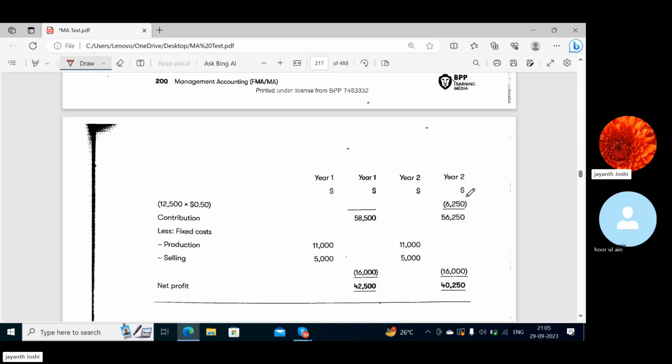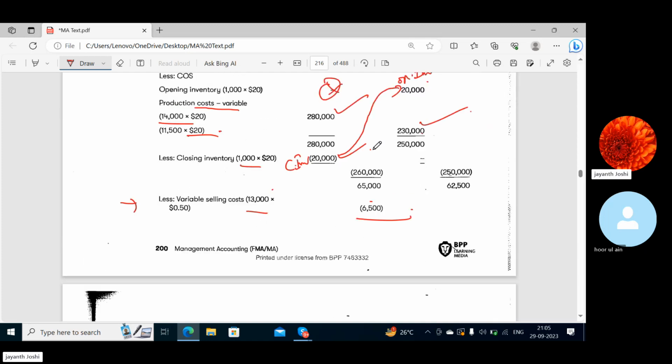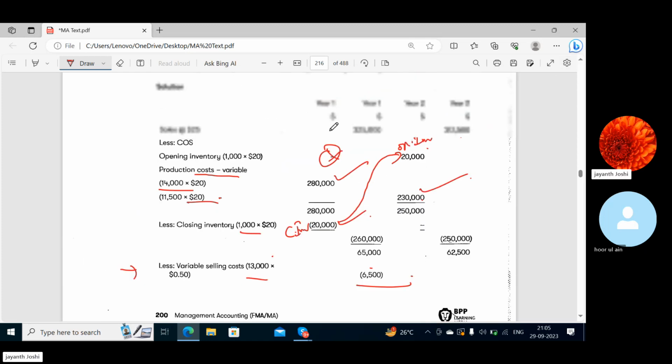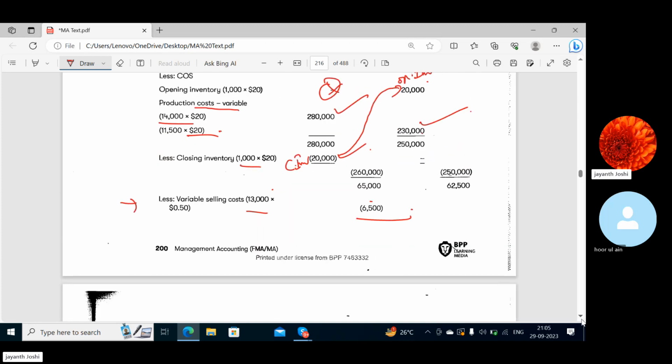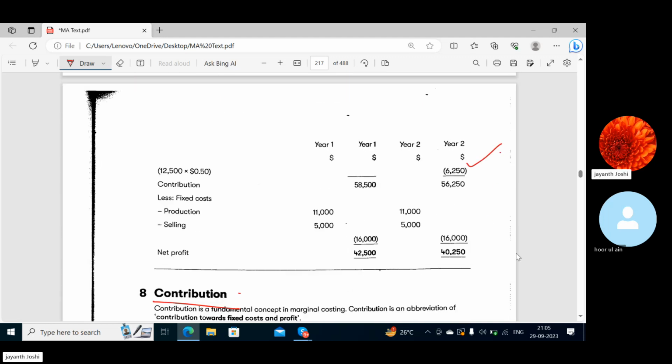And when we calculate everything from the beginning, we add, less and so on, like 325 minus 260, we got 65, minus 65, and we got 58,500.